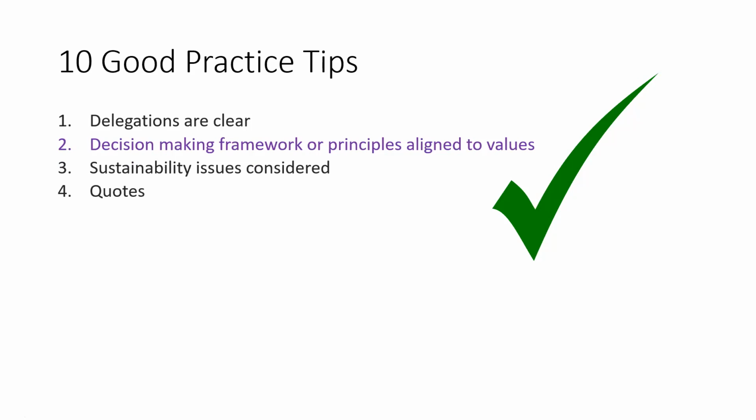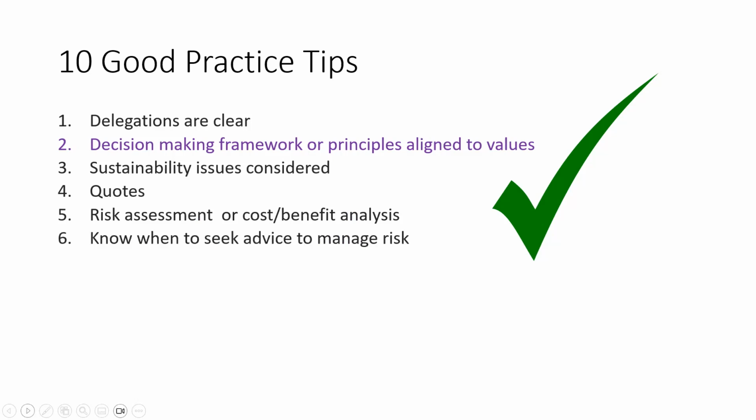So I mean sustainability in a broad term there, that you are getting some sort of quotes in order to apply that fairness and best value rule to the purchase, that you're undertaking a risk assessment or cost benefit analysis, a bit like Bob was talking about before. There's a whole range of things to consider when you're putting up a case for approval of a purchase or a contract. Know when to seek external advice to manage that risk.